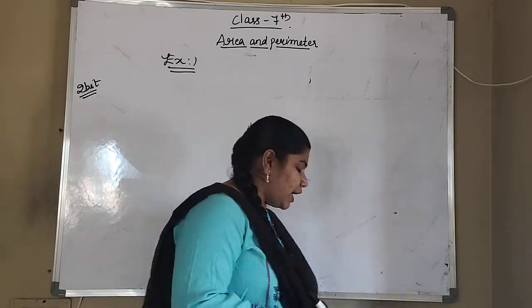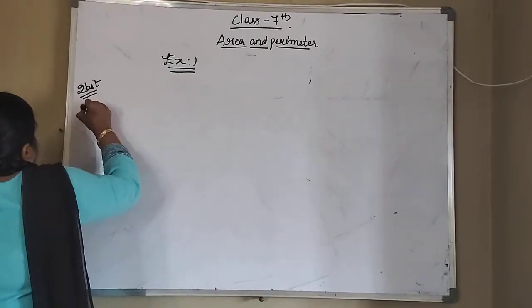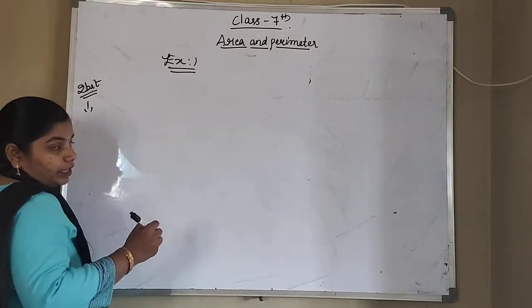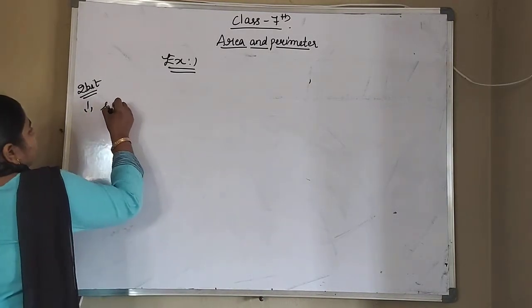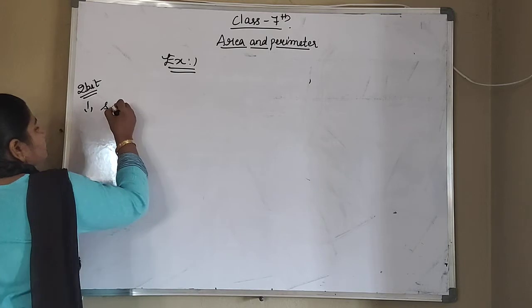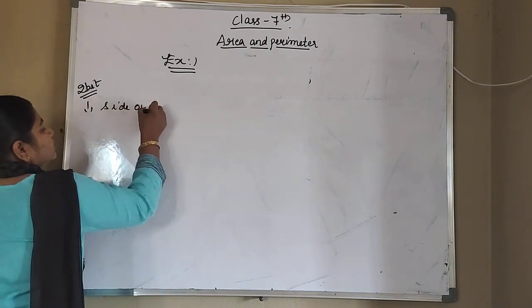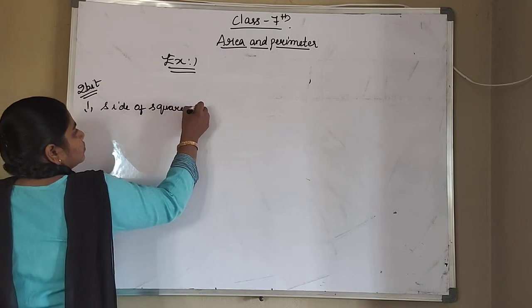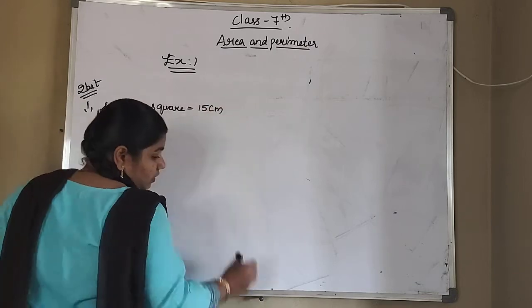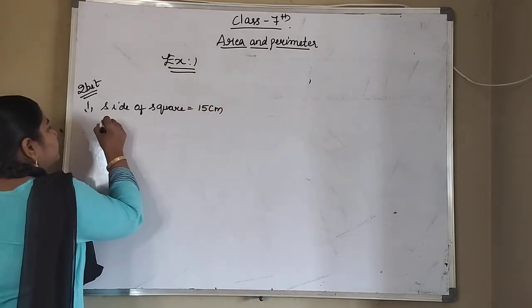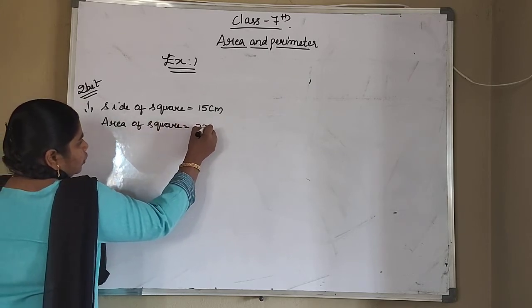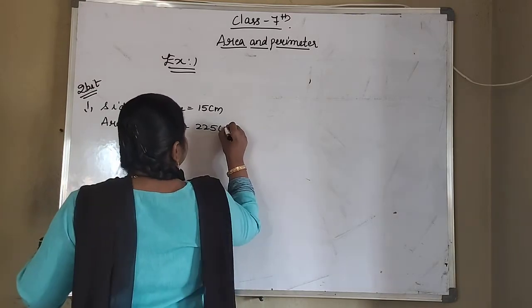In the first one, they have given the side of a square in tabular form. They are talking about a square. The side of the square is 15 centimeters, and they have given the area of the square as 225 centimeters square.